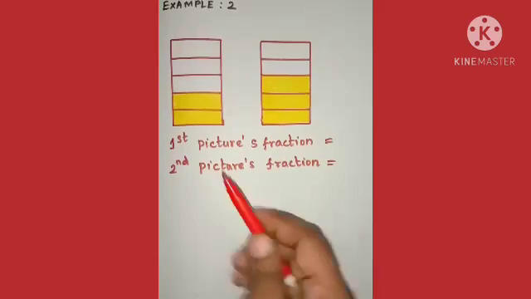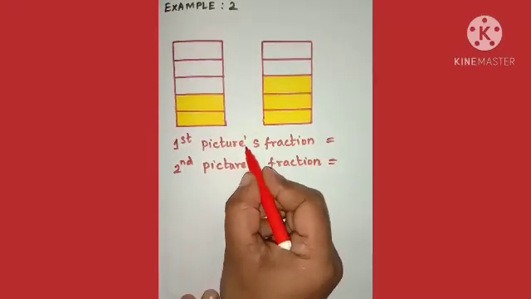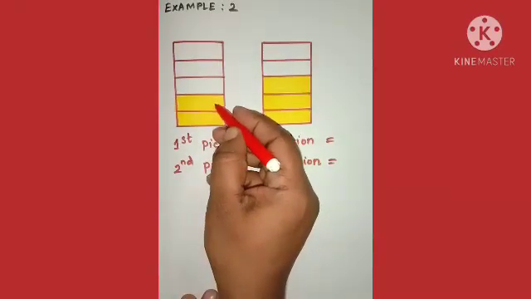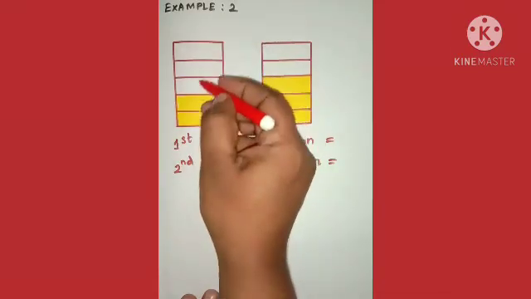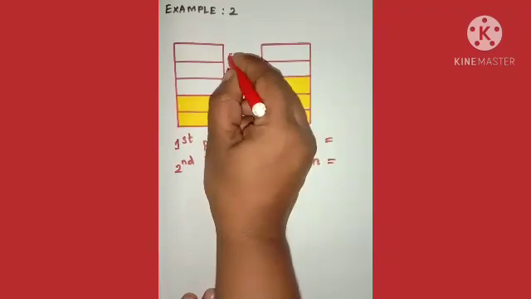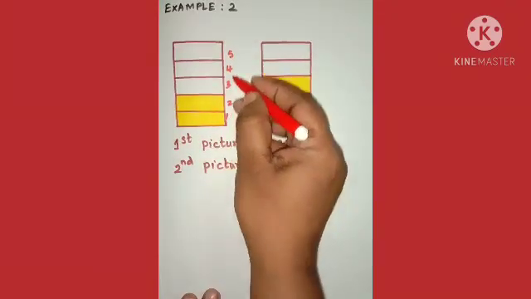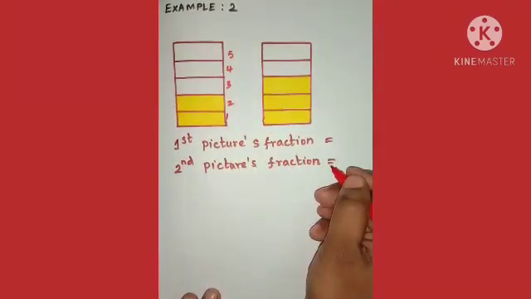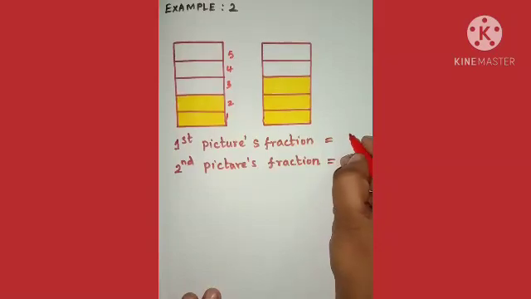Okay, first write down the fraction of the first picture. Here 2 parts are shaded out of 5. 1, 2, 3, 4, 5. 2 parts are shaded out of 5 equal parts. Then the fraction of the first picture will be 2 by 5.